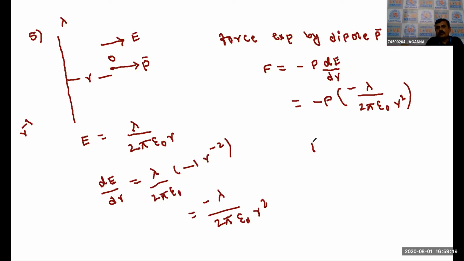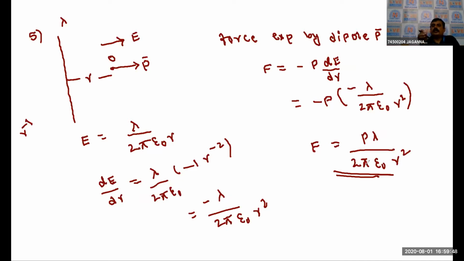So force F equals P lambda divided by 2 pi epsilon naught into r square. This is the required answer. So the third option is the correct one.